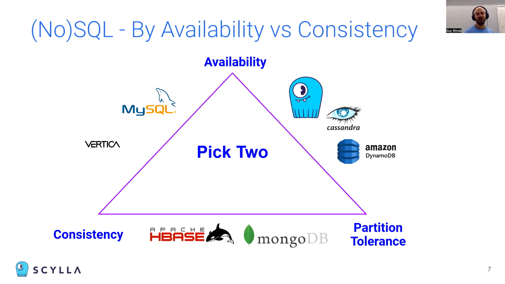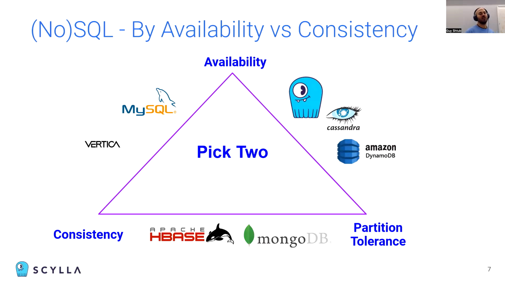That's the CAP theorem. And there are dozens of popular database systems, and I just put a few here on this triangle. You can see, for example, that MongoDB prefers consistency over availability.